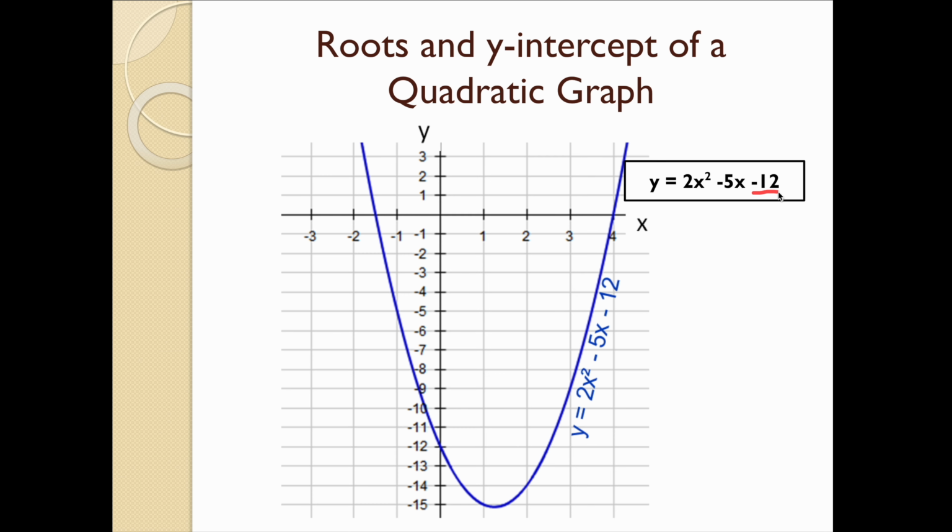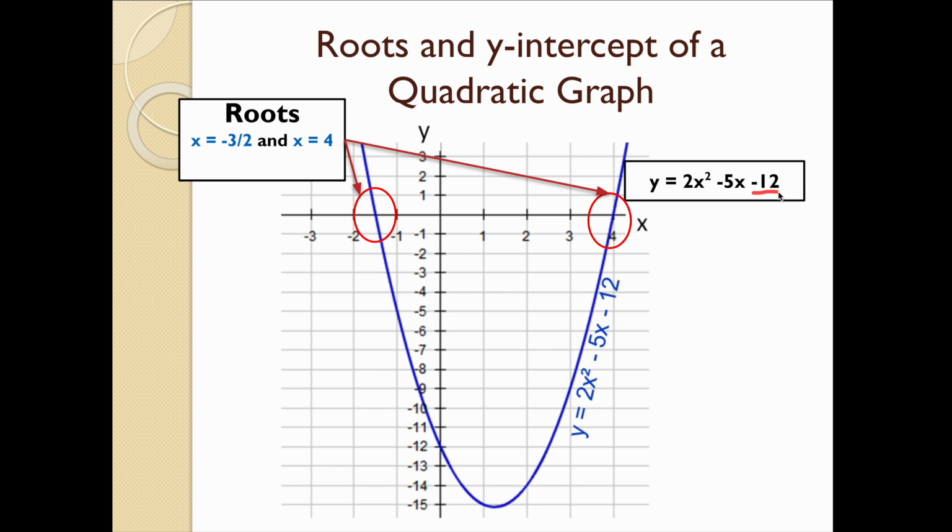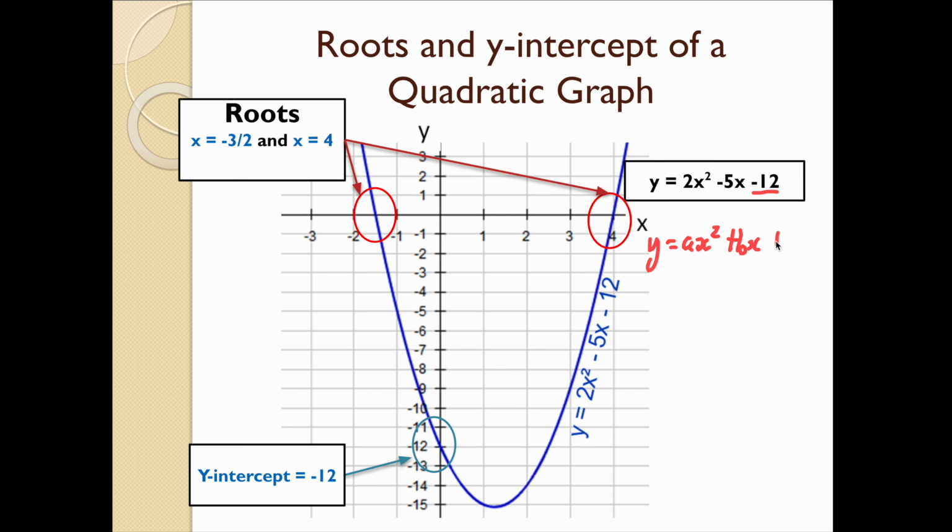4 and minus 1.5. Excellent. As you can see here, -3/2 is the same as -1.5, and then we have 4. Then we got here -12 as the y-intercept. Now, if we go back to what we said earlier about y equals ax squared plus bx plus c, what would be the value of c? -12.